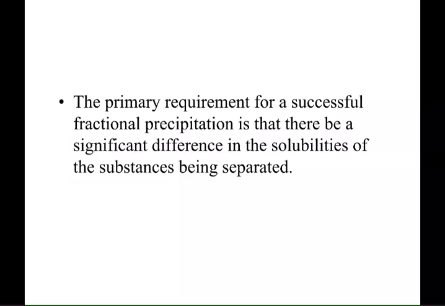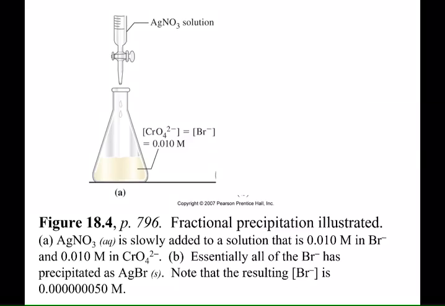As I've described it, in order for this to be a success, you have to have a nice difference between the solubilities of these potential insoluble salts. You don't want them having the same solubility with regard to the anion you're dripping in, if you're trying to separate cations. Here's an example where we drip in silver nitrate, and we have two anions.